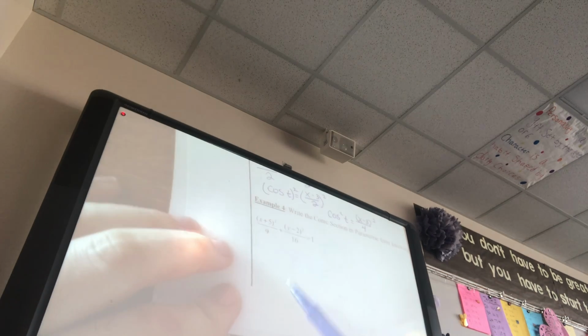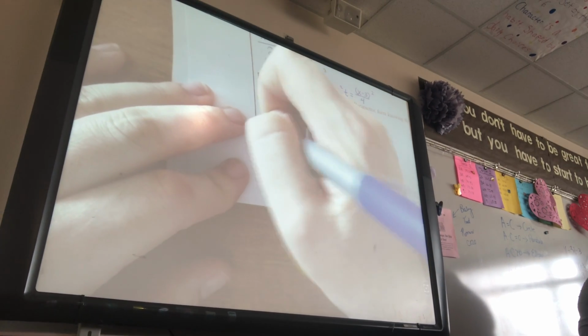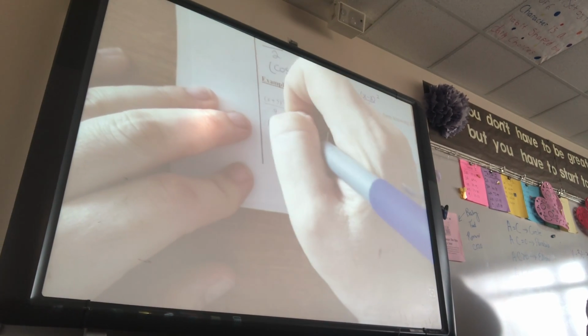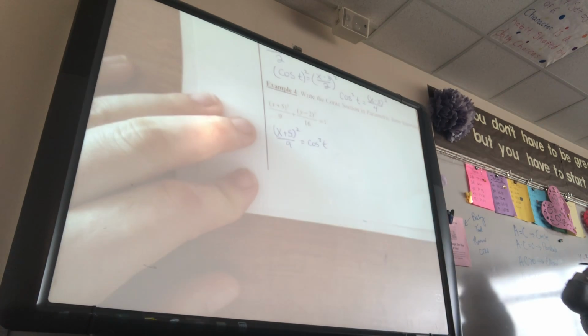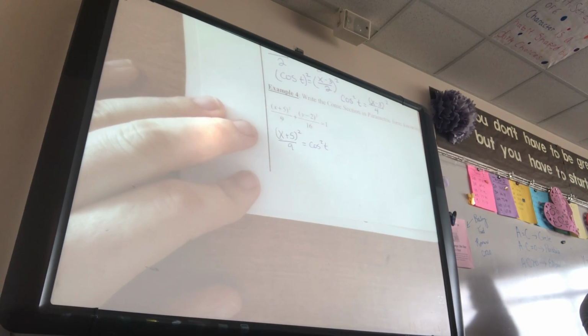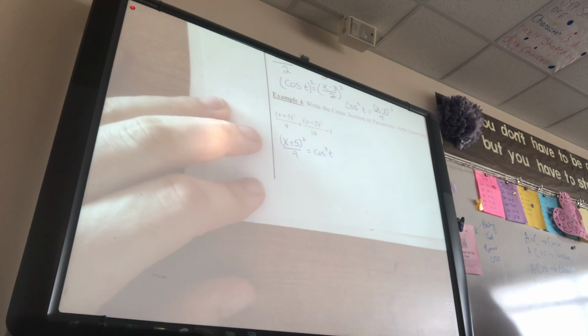Okay, so which trig function is x? Let's set this whole business right here equal to cosine squared t. And then over here, which trig function is y?